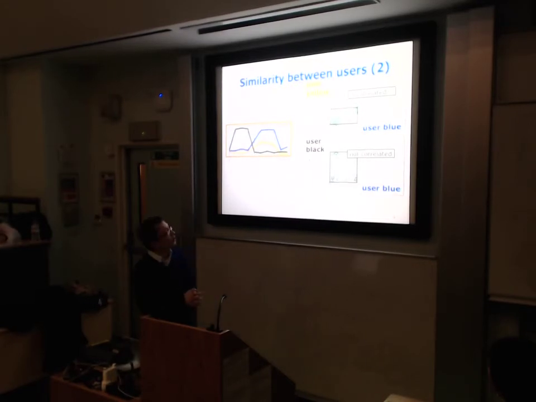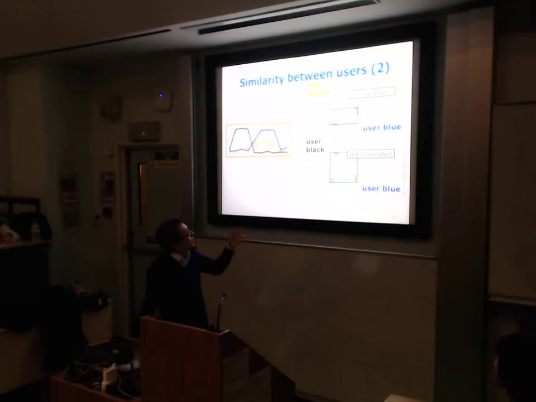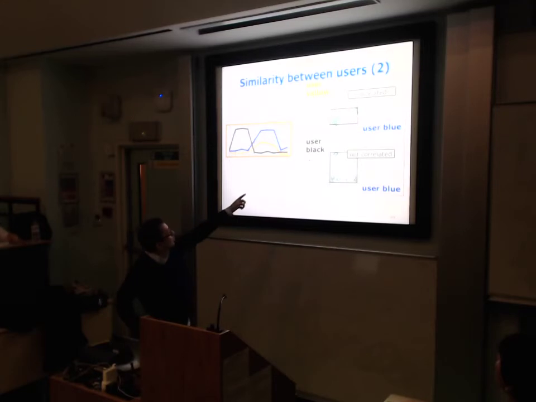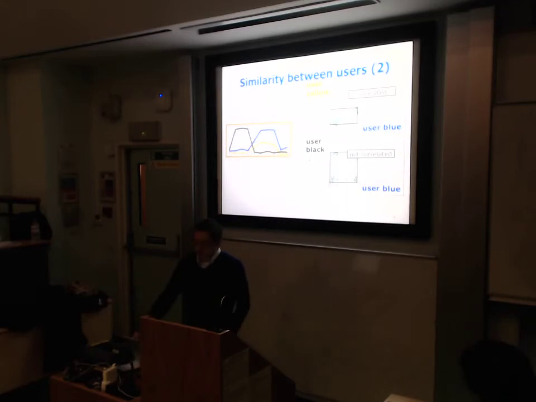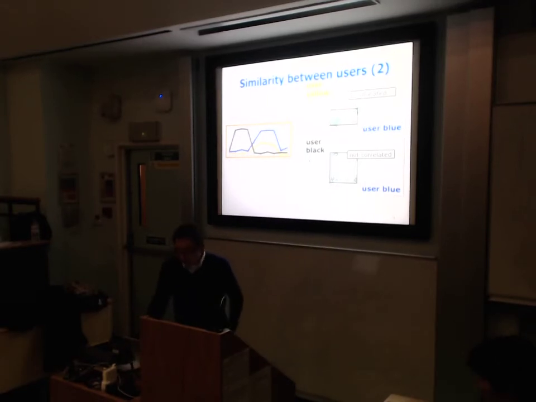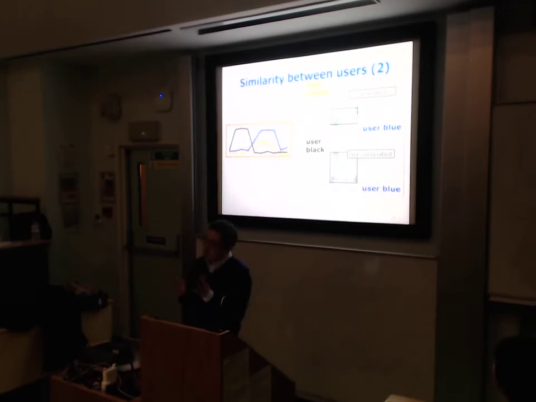Therefore, you would have a very reasonable guess that if the blue user likes a certain movie, the yellow user is going to like it too, or the other way around. Whereas if you look at the black user and the blue user, the pattern is different. Therefore, perhaps you wouldn't be able to make a prediction by looking at one of these users.